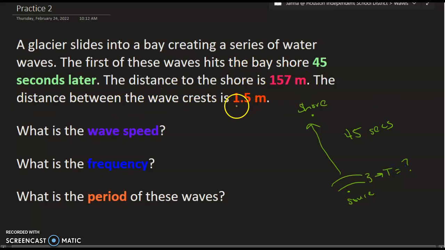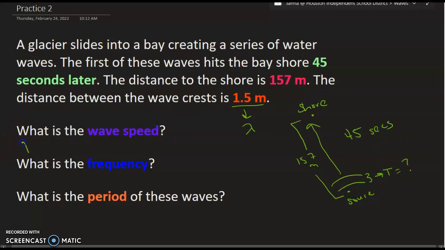The distance between the wave crests is lambda, and the entire distance between the source and the shore is 157 meters. So I can still get the wave speed, even though I don't have frequency, I don't have period.